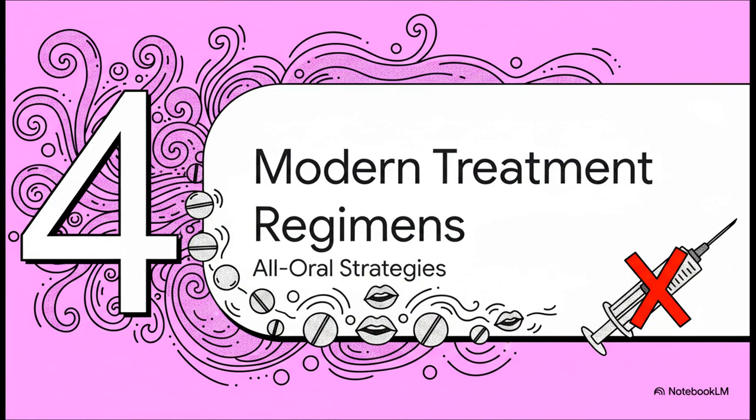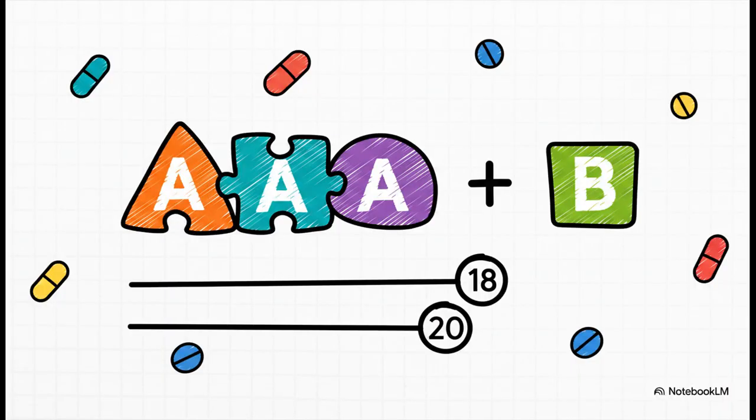So, armed with our drug classification, we can now start building the actual treatment regimens. And the big story in this modern era is the move away from those painful, toxic injectables towards highly effective, all-oral strategies. This here is our standard, individualized, longer regimen, and it follows that A plus B principle perfectly.